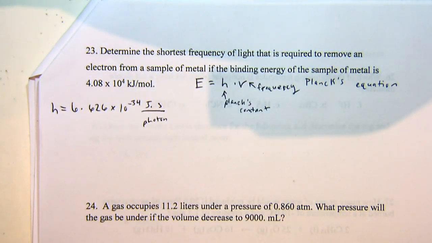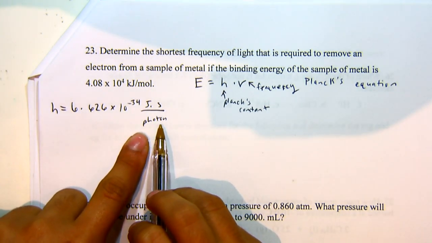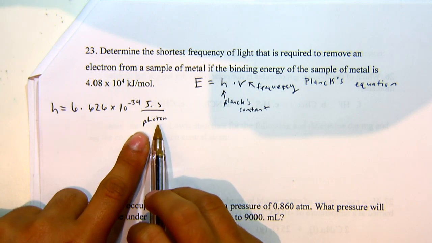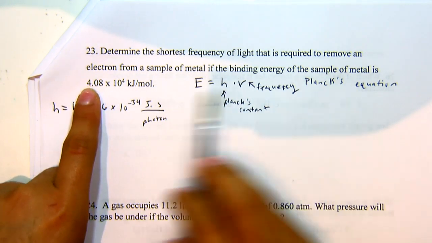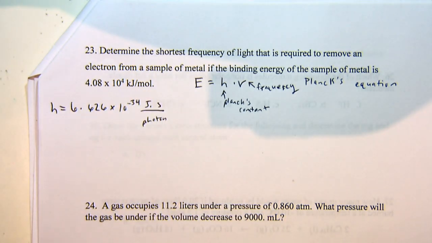So when you're setting up this equation, you have to think about our Planck's constant: it has this photon unit in it. But our energy, our sample, was given to us with kilojoules over moles. So we have to change that to be appropriate to work with the correct units.